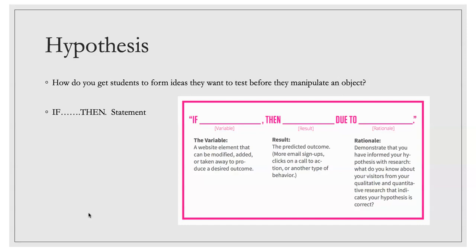A hypothesis is an if-then statement. An if is almost always going to be the variable. So if I put my plant in a dark room, then it will not bloom. And this is due to, and your rationale is going to be using your prior knowledge or knowledge obtained through the teacher's lecture.